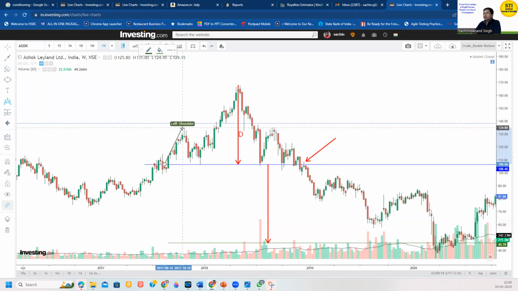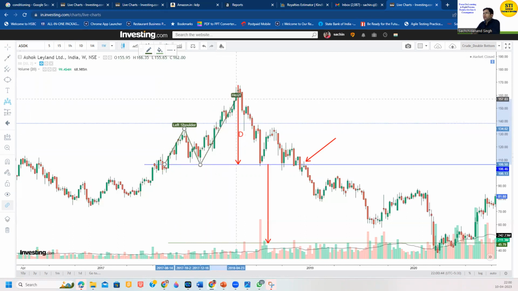The third click I'm going to do at the neckline, where this candle is touching it. Based on this lower point we have formed the neckline.